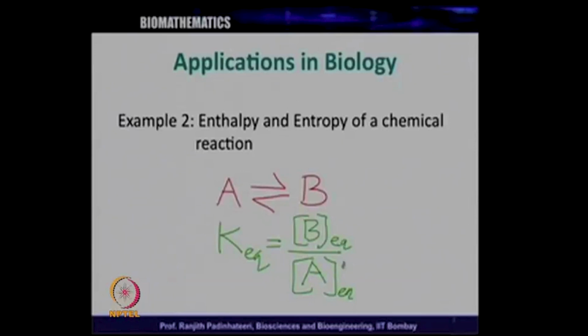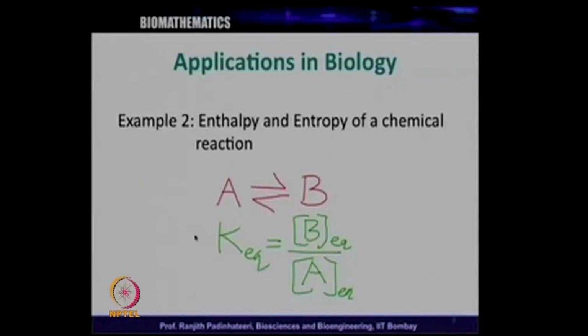When I say equilibrium, let me briefly tell you, equilibrium means the rate of A changing to B is equal to the rate of B changing to A. That means some amount of A is getting converted to B, and some amount of B is getting converted to A, but the concentrations of A and B on average do not change. That is what we call equilibrium.